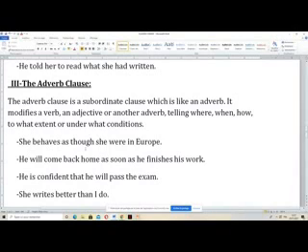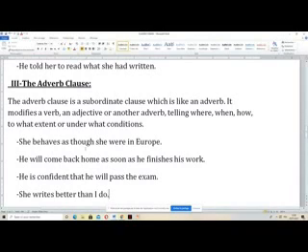Good. This adverb clause, as soon as he finishes his work, may also be referred to as a time clause.